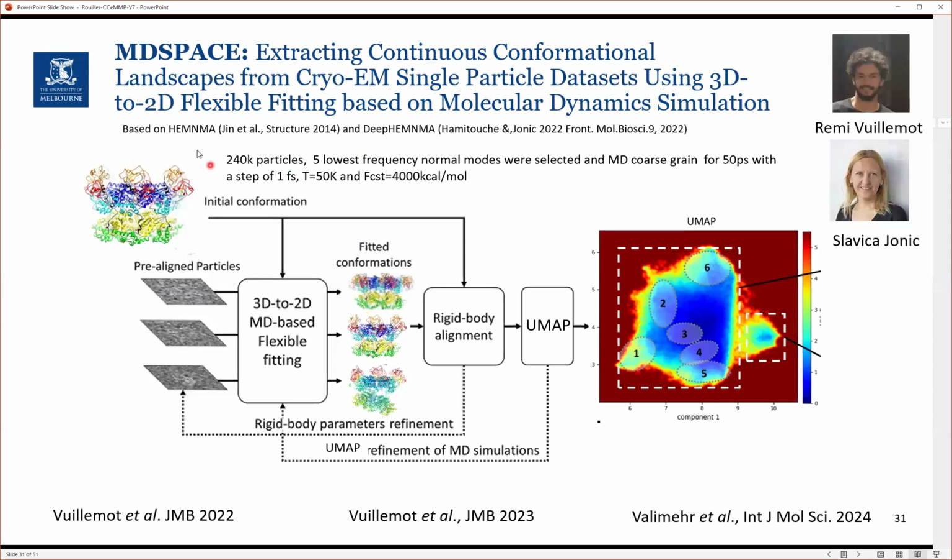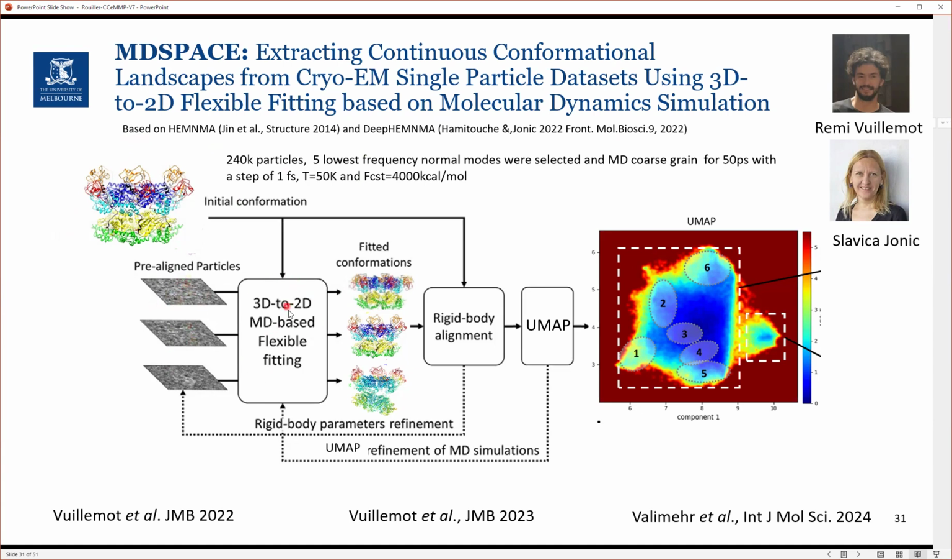So basically, in this method, you need to start with one atomic structure and then a set of raw data, so 2D EM images. And then you take the 3D structure and deform it so that it matches the density seen in the 2D projection.